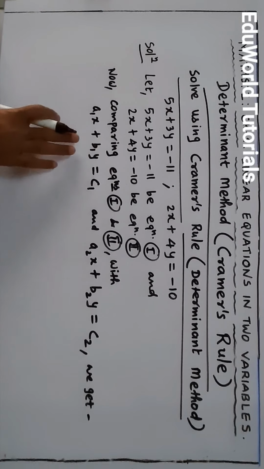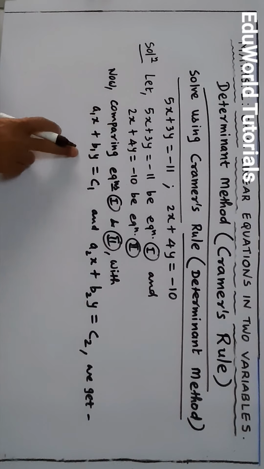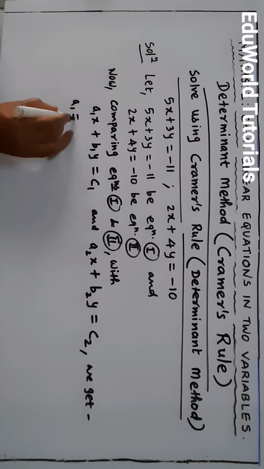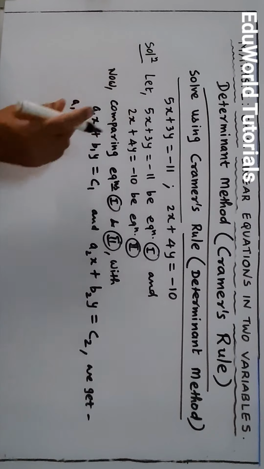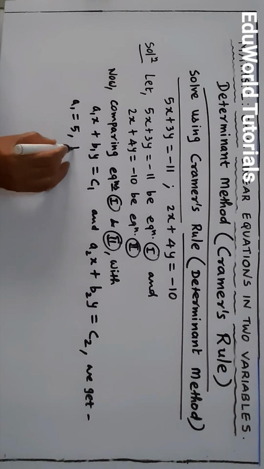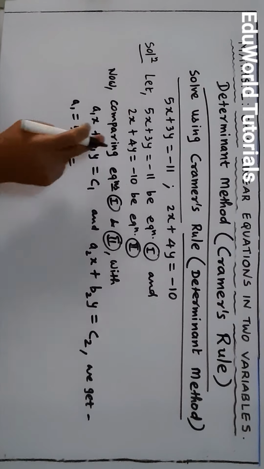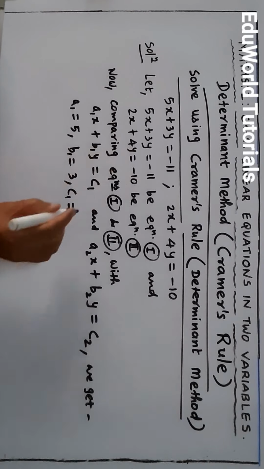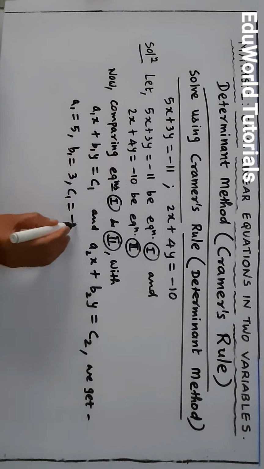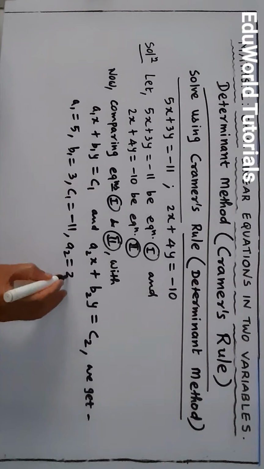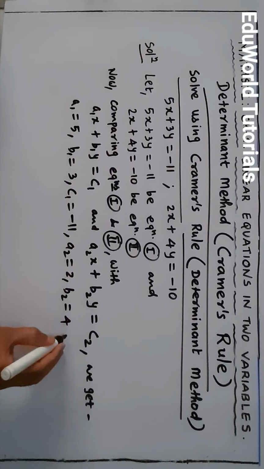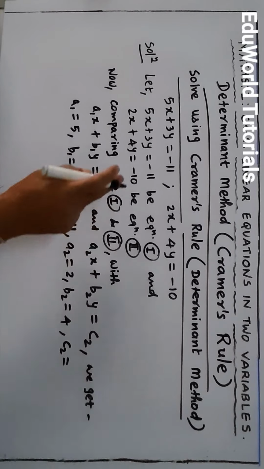If you compare the first equation with this and the second equation with this, we get a1 equal to 5, b1 equal to 3, c1 equal to minus 11. For the second equation, a2 is 2, b2 is 4, and c2 is minus 10.